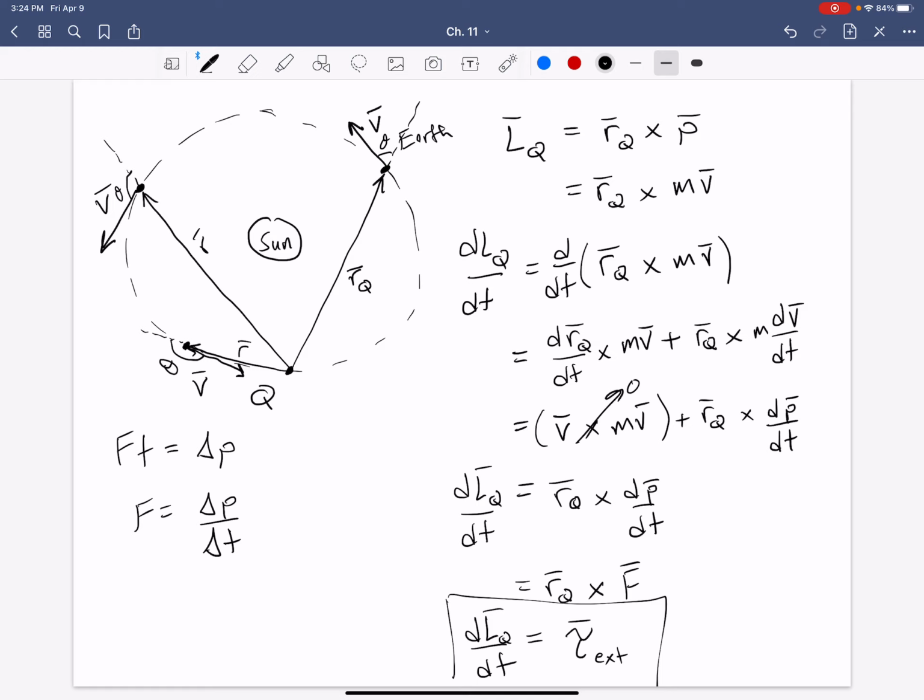So, the other case, if the angular momentum does not change. Instead of putting the reference point at Q here, let's put it at the sun, right? Let's put it in the very, very center. I'm going to put it down here. If I put the reference point at the very center, we'll call that point C for center. Now, I'll do that in red.